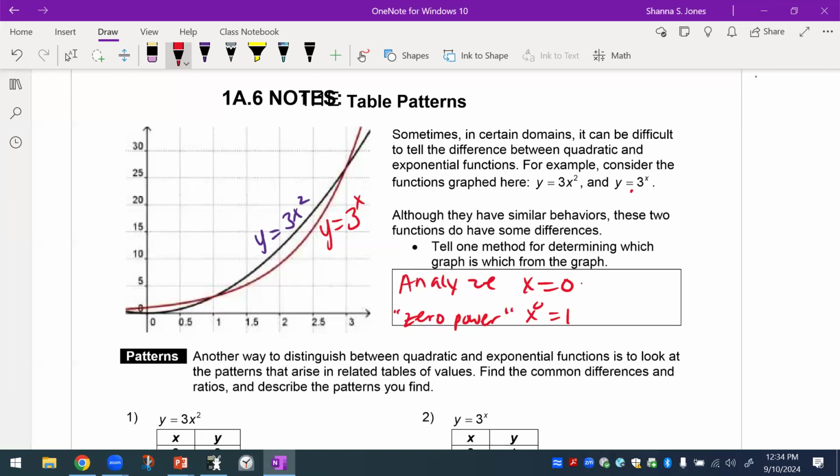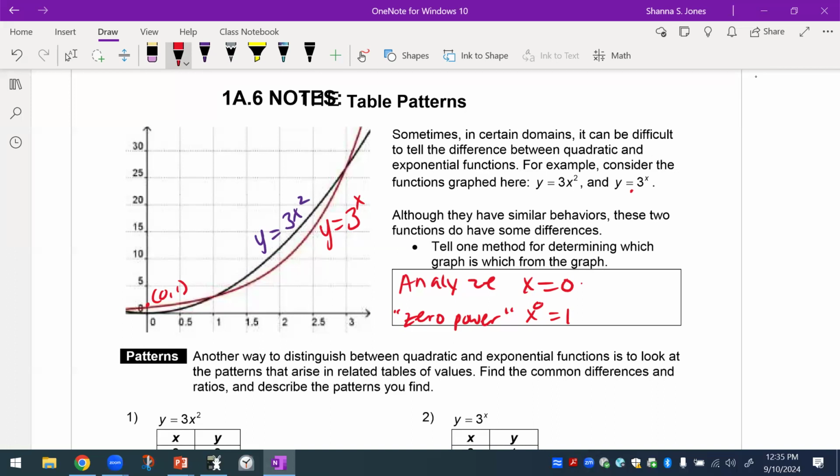Ringing any bells? So when you have an exponential function, it cannot equal 0. Does that make sense? At 0, it cannot be 0. So notice here, our 0 is at (0, 1). That's because 3 to the 0 power is 1. The quadratic can equal 0, which is why it's the black. But you're analyzing what's happening at the 0. That would be your number 1 hint.